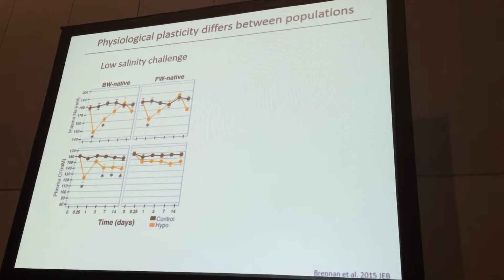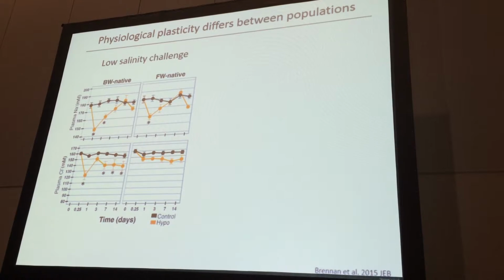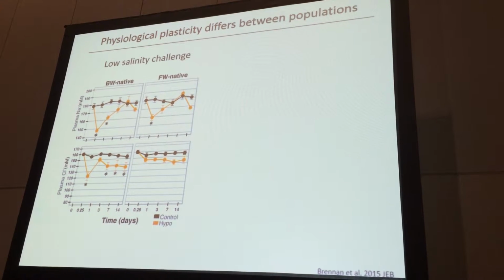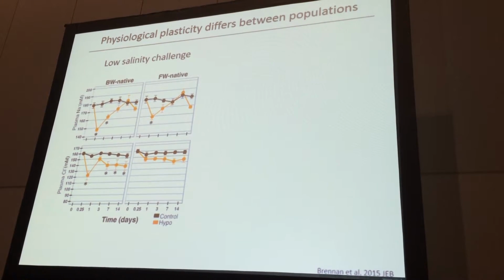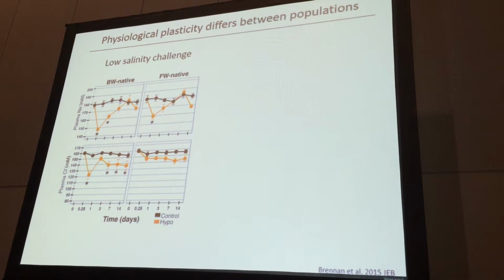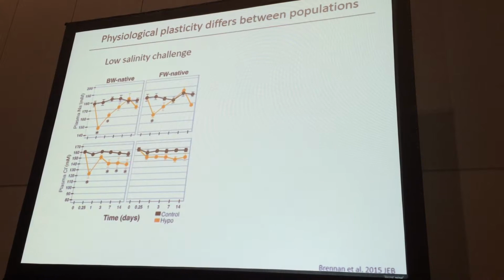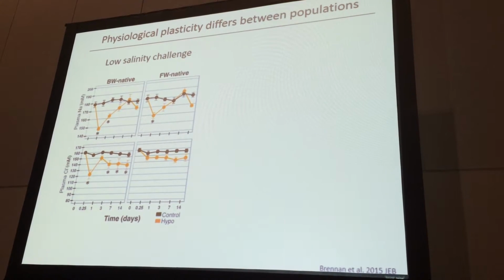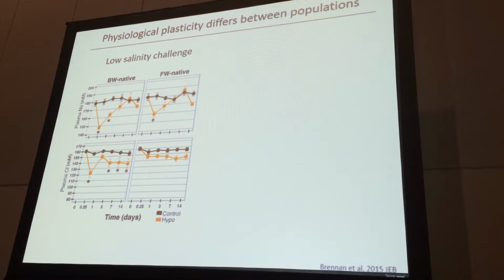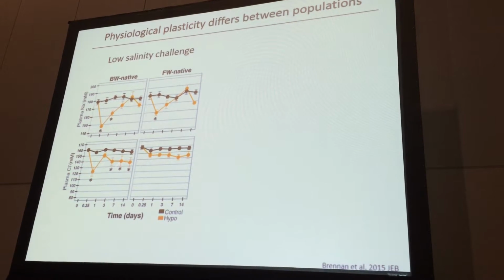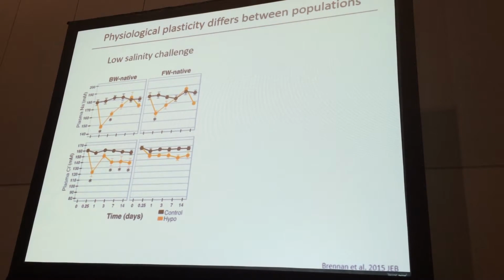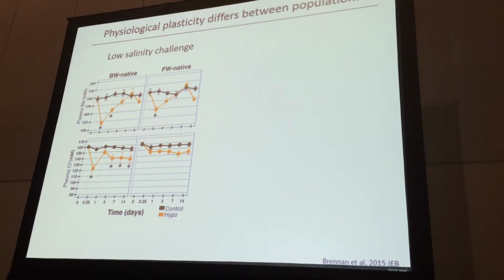Under low salinity stress, where fish acclimated to high salinity are challenged down to freshwater, we'd expect to see a decrease in internal ion concentration. For plasma sodium, we see a significant drop in ion concentrations for both our populations. But for chloride, we see a drop only for brackish water native populations and not our freshwater native populations.